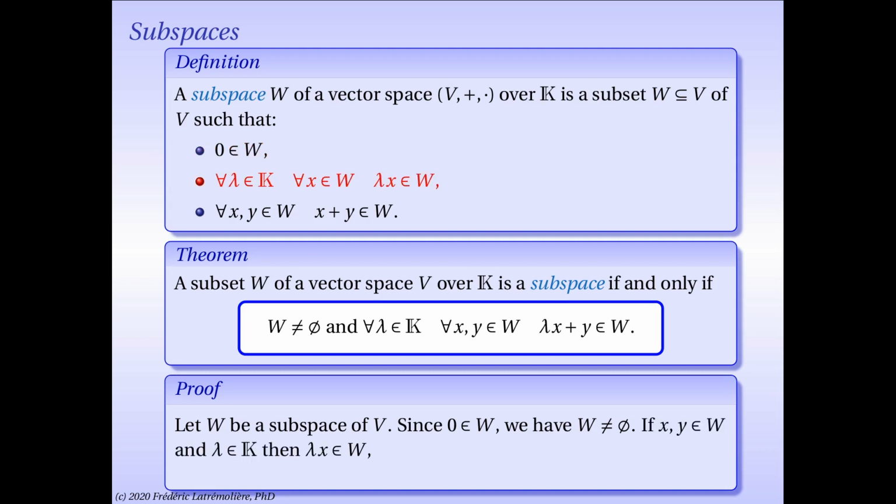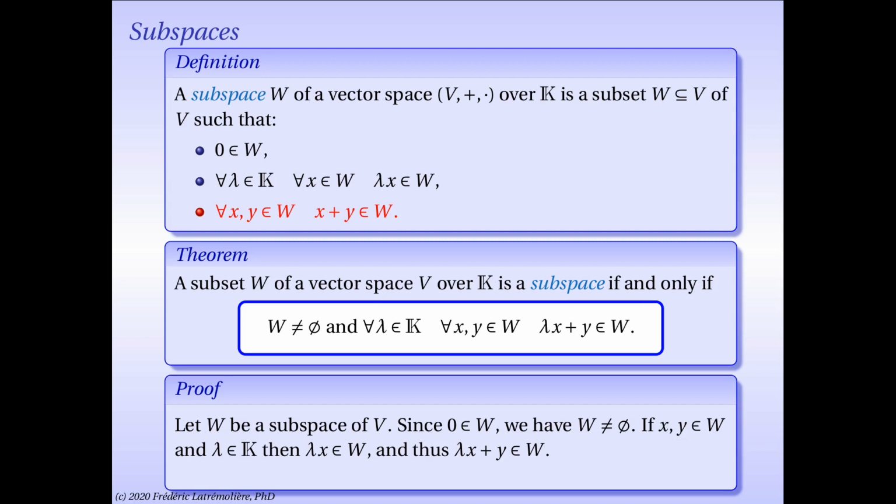Second of all, if we pick two vectors x and y in W and a scalar lambda, then lambda times x is in W by the second highlighted property in the definition of a subspace. And now lambda x and y are together in W, therefore by the third property in our definition, which I have now highlighted, lambda x plus y is in W. Therefore, a subspace does indeed satisfy the condition of the theorem.